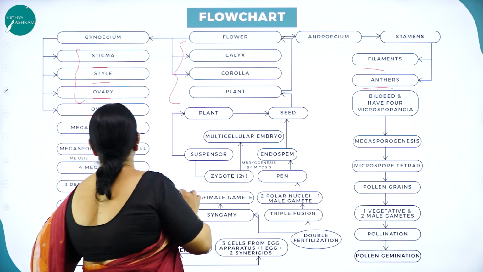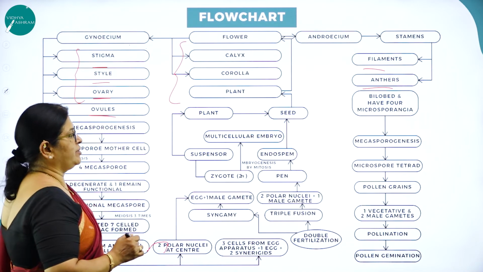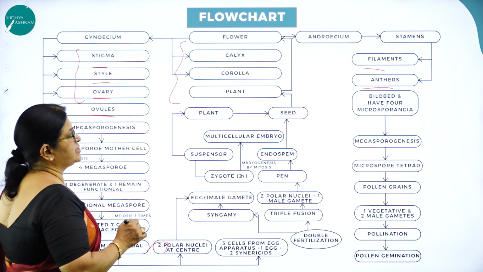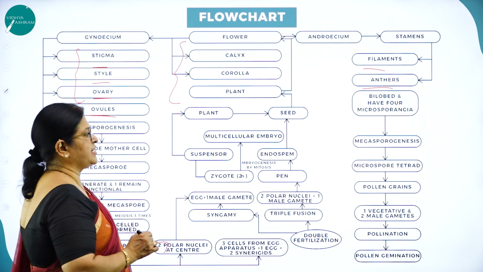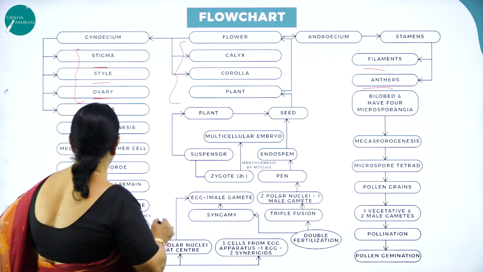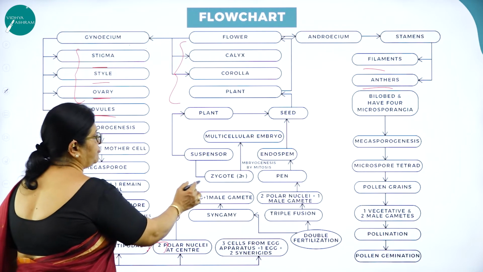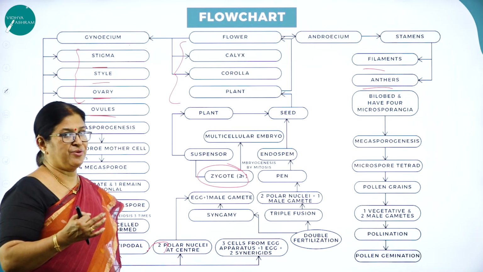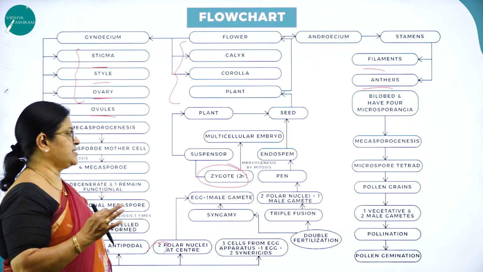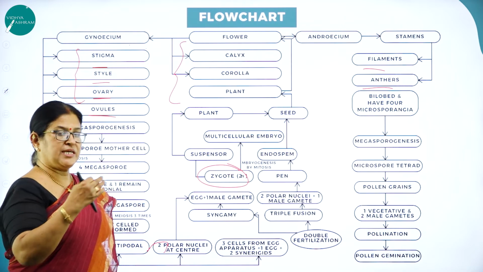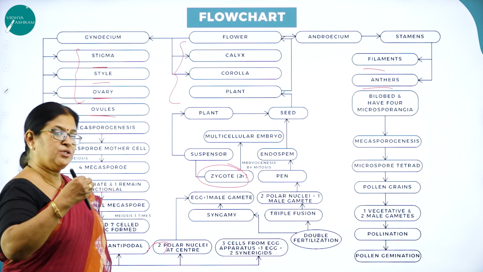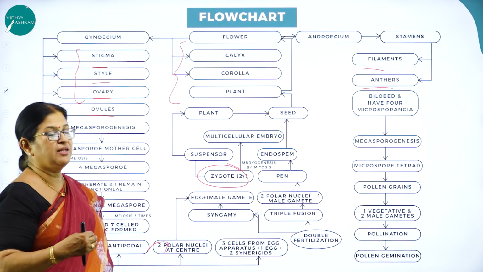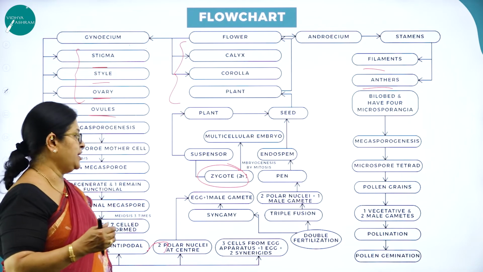Now, 2 very important processes are happening, that is microsporogenesis and megasporogenesis. Here you can see the formation of the 7-celled, 8-nucleate stage, where 3 of the cells are towards the chalazal region called antipodal cells, and 3 towards the micropylar region, where 2 are synergids and 1 is the egg cell, and in the center you come across the 2 polar nuclei.